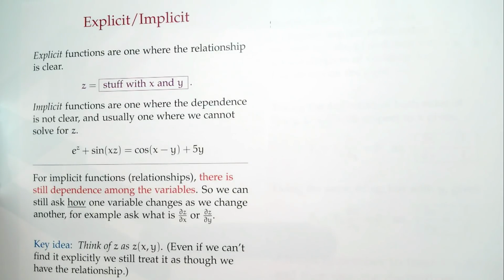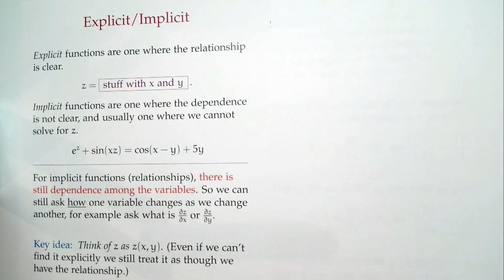So for instance, here I have e to the z plus sine of xz. I have two occurrences of the z. I could get my z out of the e to the z, but only at the cost of getting that sine of xz, and that z would be even more buried. And vice versa, I can get this z out, but that would bury the other z even further in. There's just no way to solve for z.